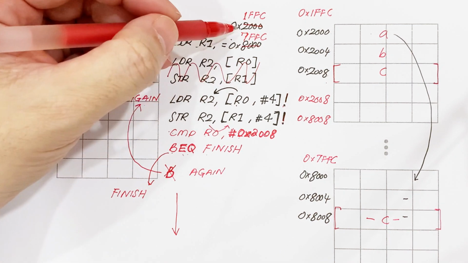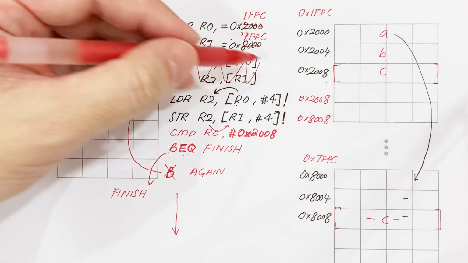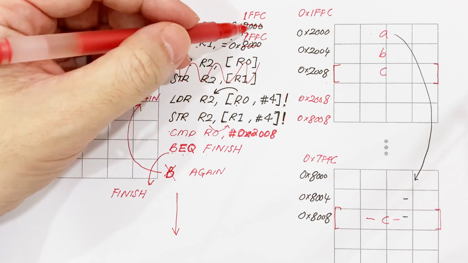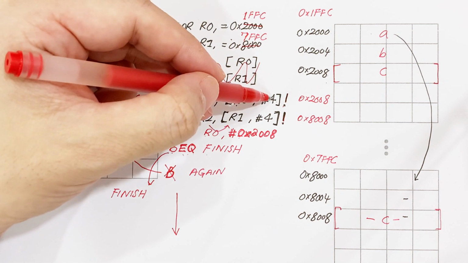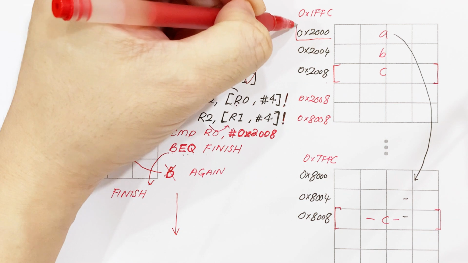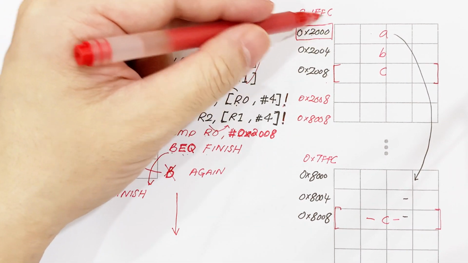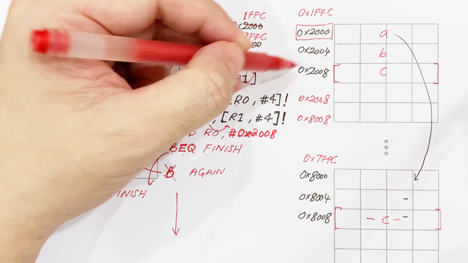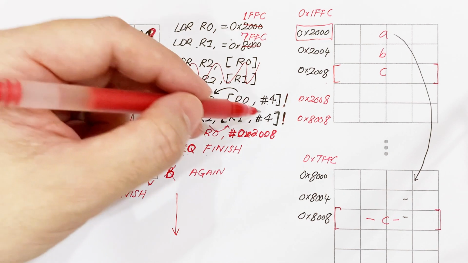So when we come over this line, since we got rid of these two, R0, which is 1FFC, plus 4 is how we end up with the first word that we're supposed to copy, which is A. So 1FFC plus 4 exactly ends up being 2000.